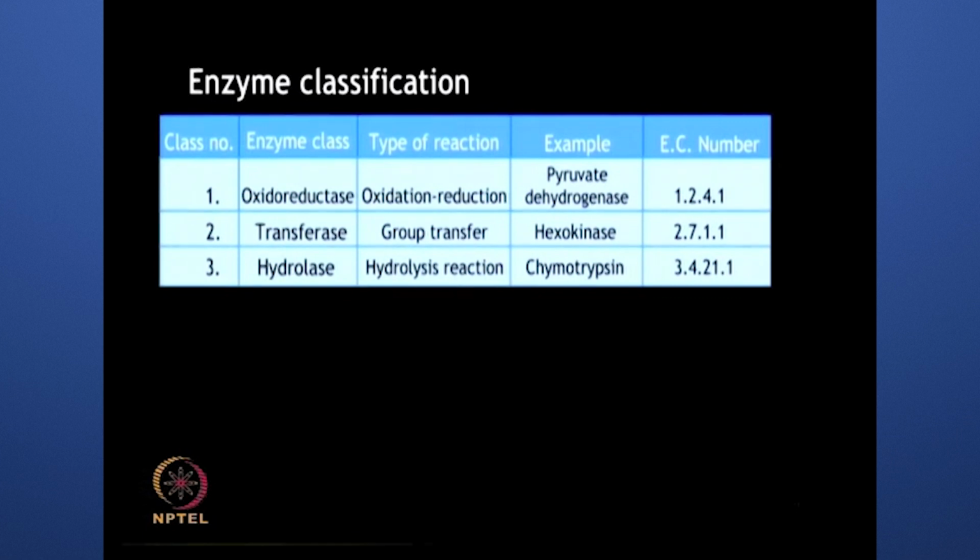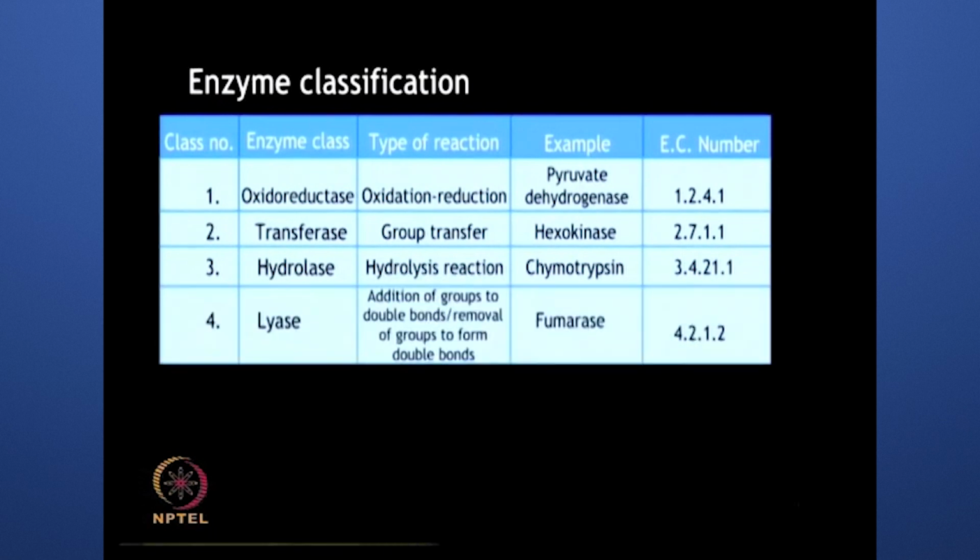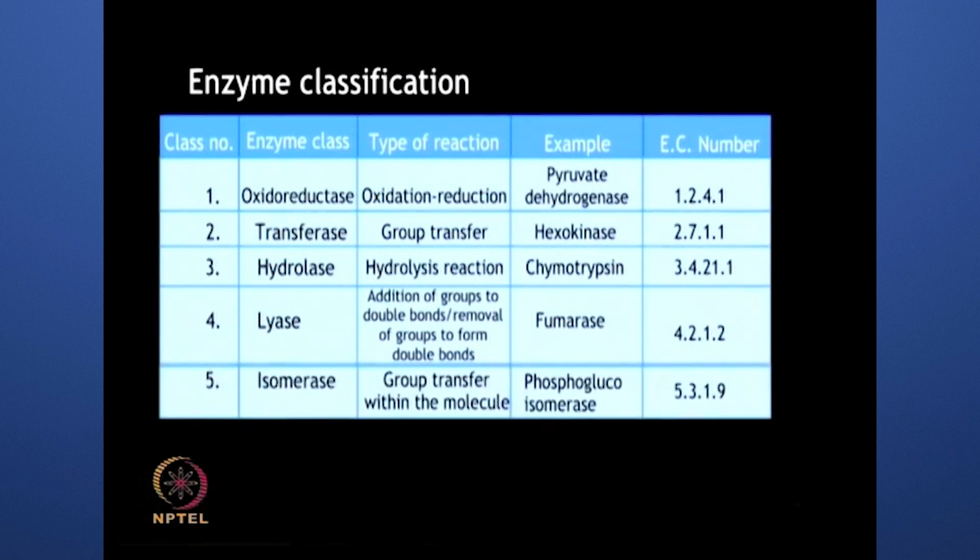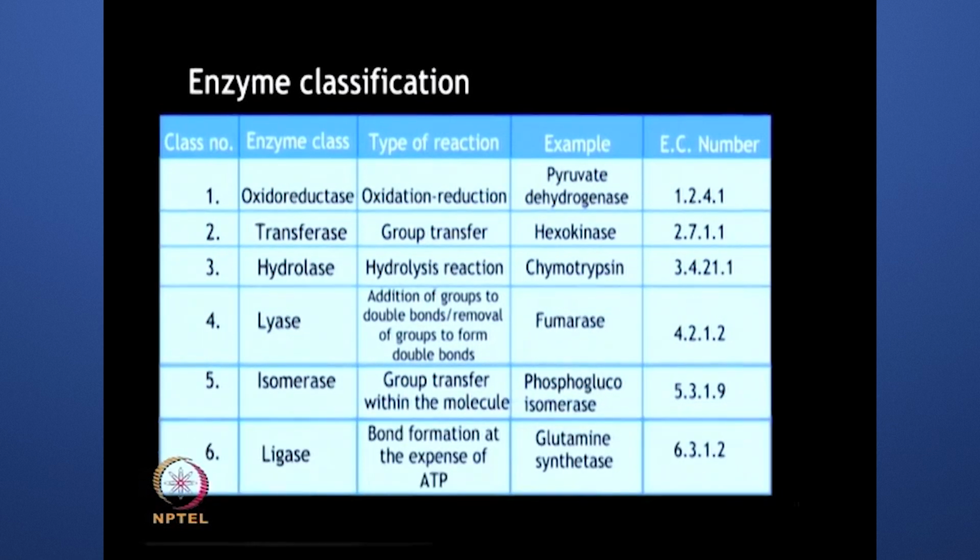Classification by international organizations has therefore led to 6 enzyme classes with many subgroups within each class, depending upon the type of reactions they are catalyzing. Every enzyme has a unique 4-part classification number known as the enzyme commission number or EC number, in which subclass number gives finer detail about that particular enzyme reaction.